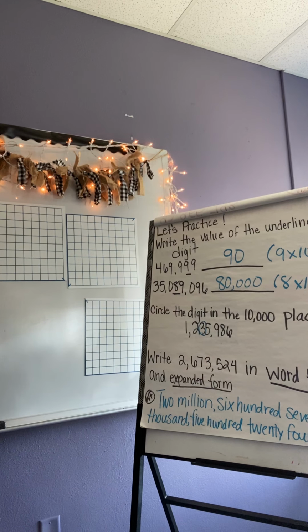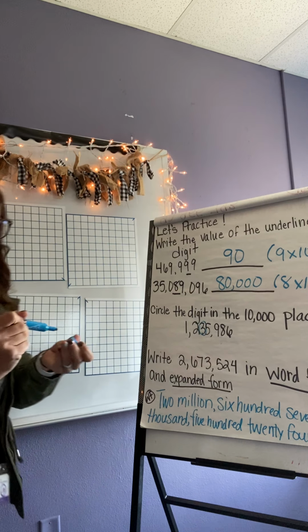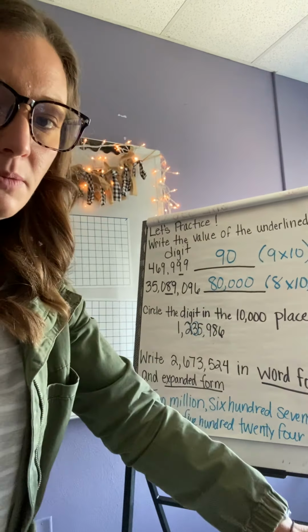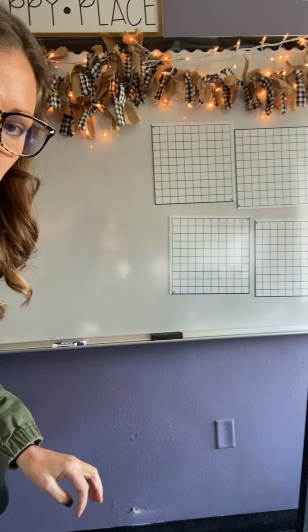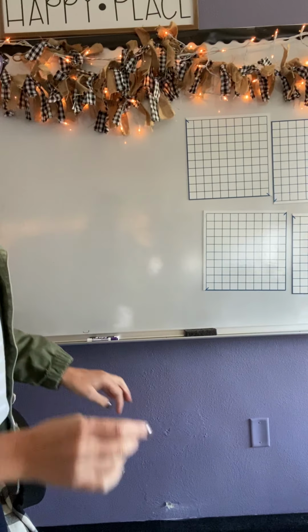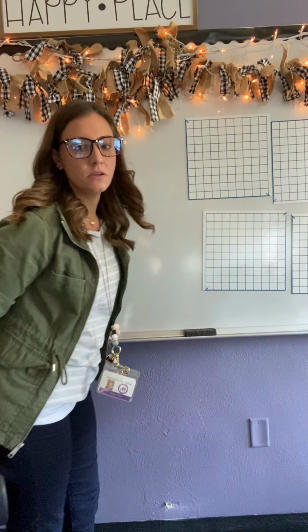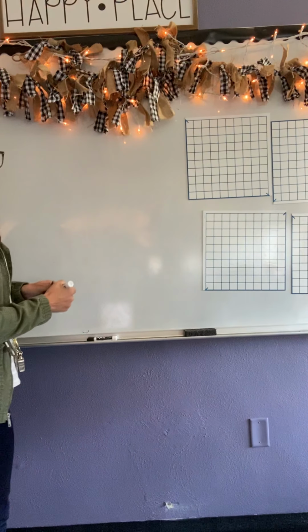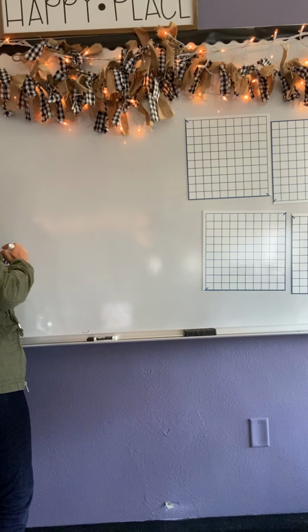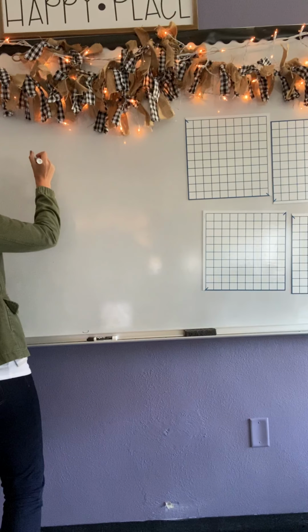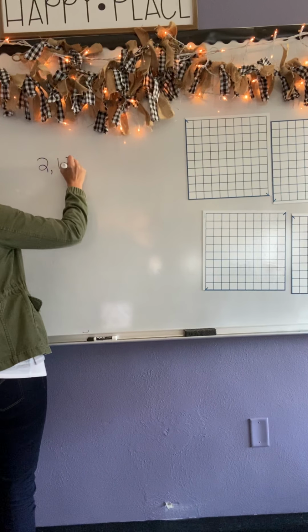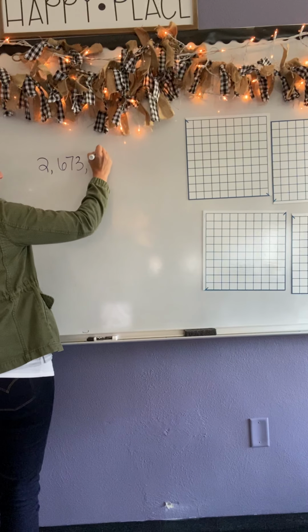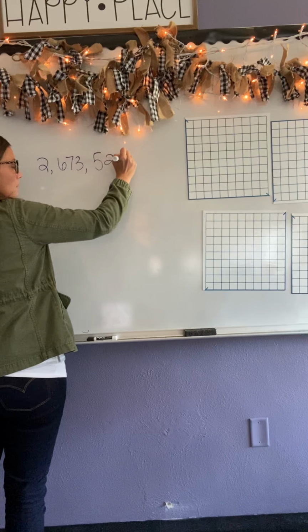Okay. So come over here with me. On the board, I am going to write that very large number, the one we just wrote in word form: 2,673,524.